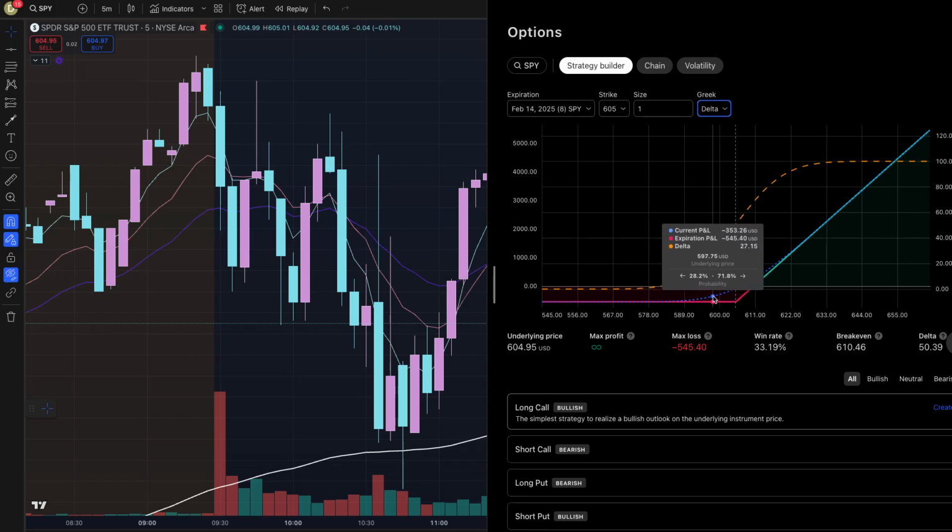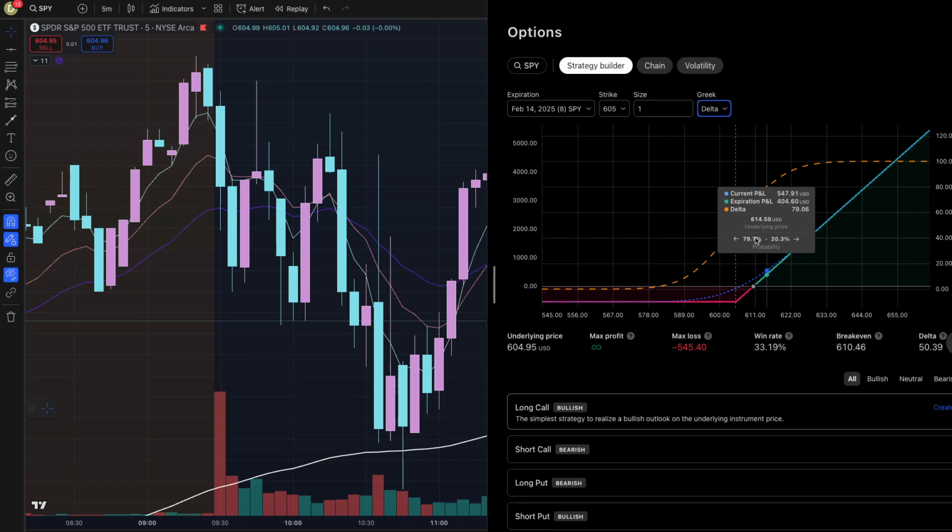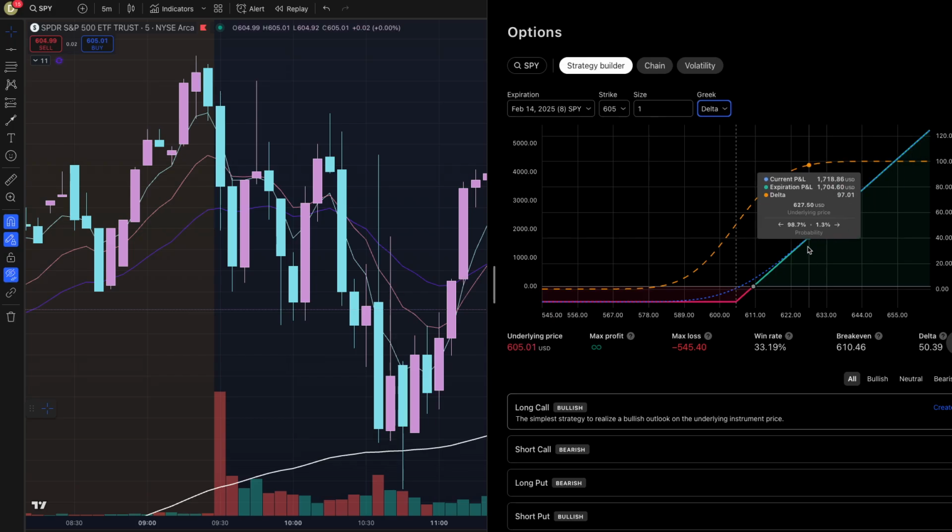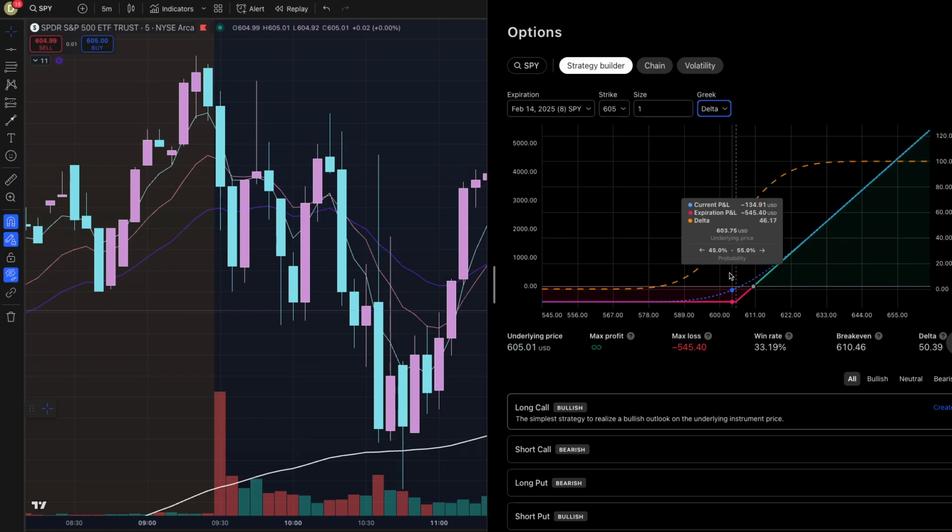And then the blue dashed line is going to show you your current profit and loss. Instead of waiting till expiry, between now and expiry there are going to be different prices because of the different Greeks.